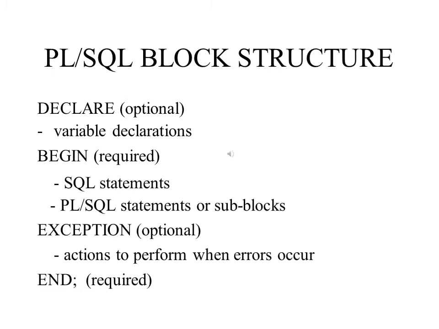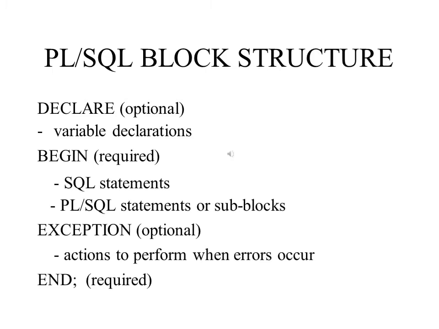An anonymous block is not saved in the Oracle database server, so it is just for one-time use. The structure of a PLSQL block: the first is the declaration section, then begin, then execution, after that exception, and then end.